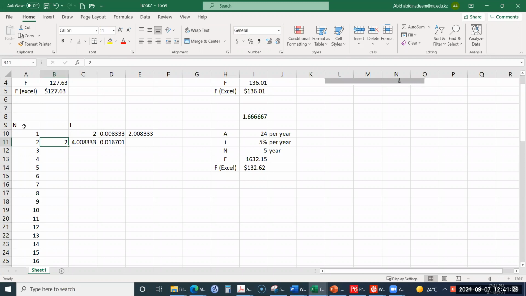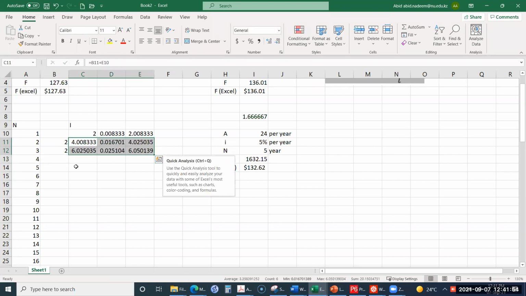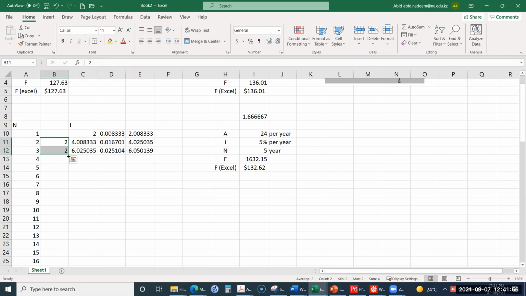And then you deposited $2 again, then you will get this one. And then your total will become how much? This one, 4.008, then this. Then you will deposit 2 again, 2 plus 4.008. Yes, so it will go like this.